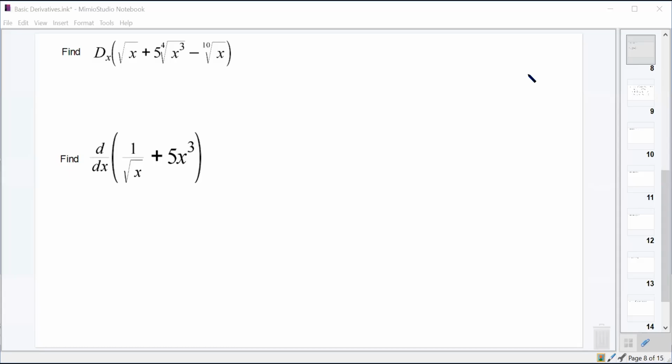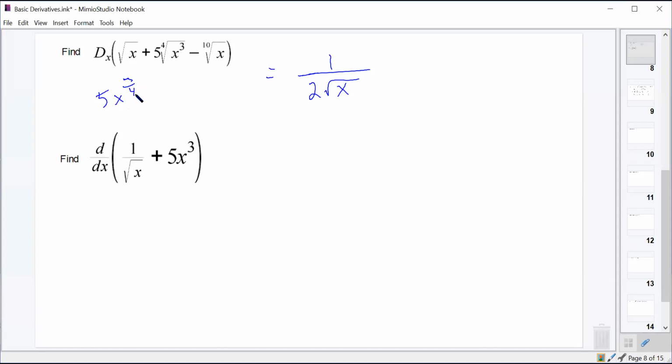All right. So first one, root x. We had a rule for that one that I told you would be good to memorize. What was that one? One over 2 root x. 2 root x. And then this one was 5x to the 3/4, right?